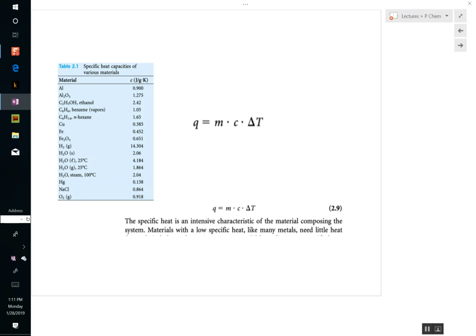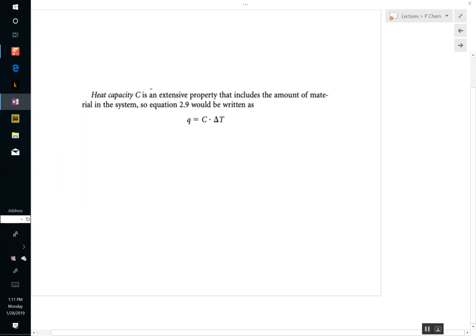And delta T here doesn't matter whether it's centigrade or Kelvin. These units are in Kelvin, but the centigrade and the Kelvin degree are the same size, on a different scale, Kelvin being your absolute scale.